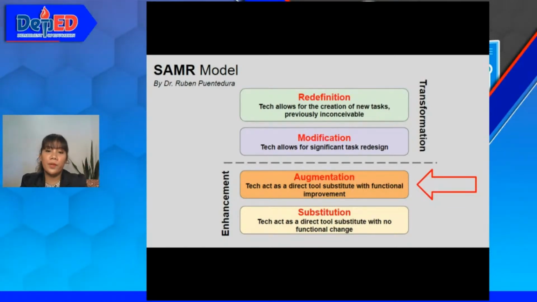In redefinition, learning has the potential to connect with the real world and produce authentic outcomes. It also gives students strong technological soft skills such as digital collaboration, communication, technological literacy, and the ability to adapt to new systems and processes.